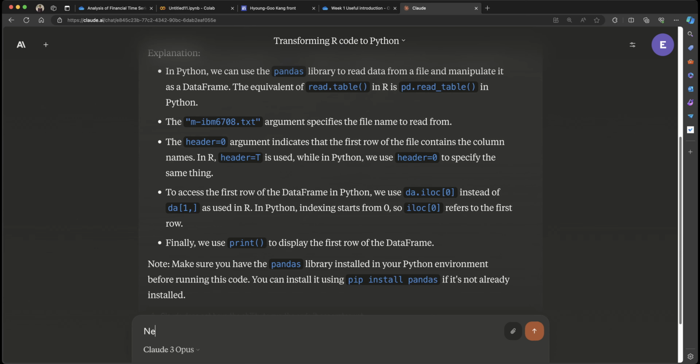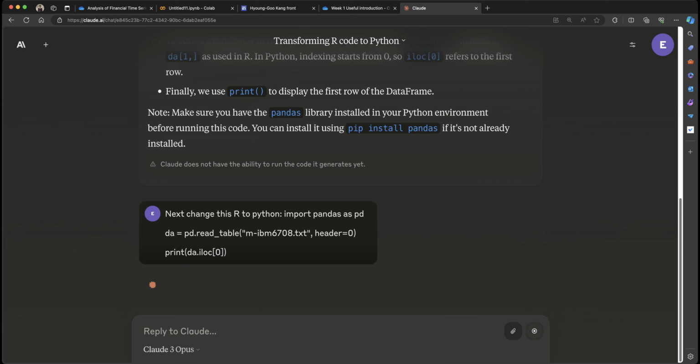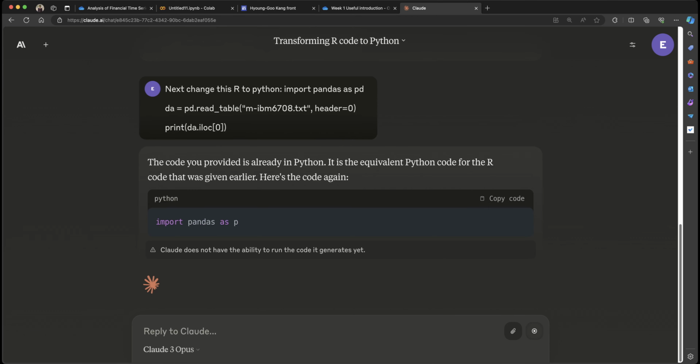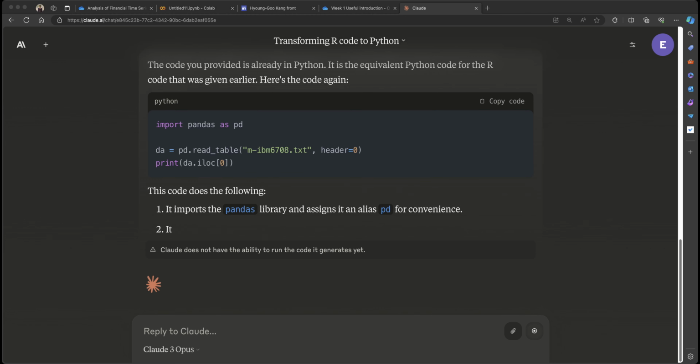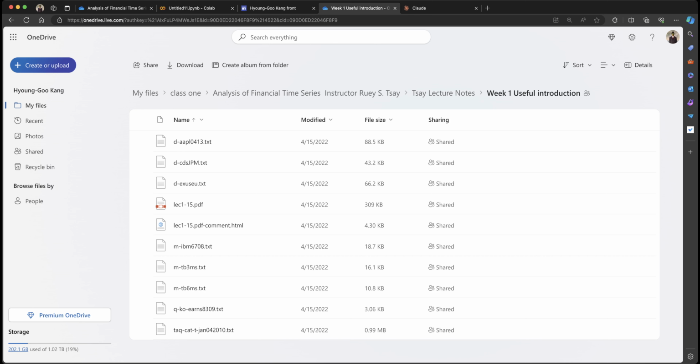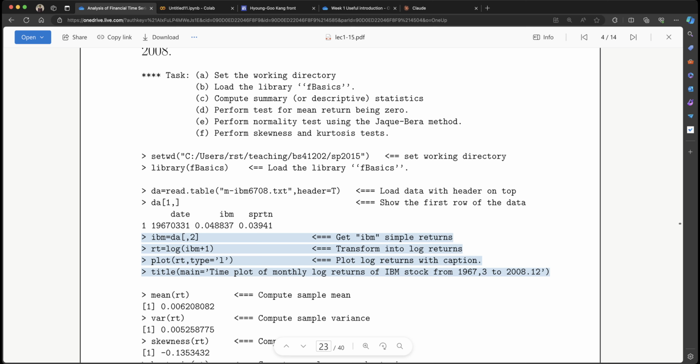Next, change this R to Python. Again, same. Oh, this is the code. I don't know why it is so difficult to copy and paste.